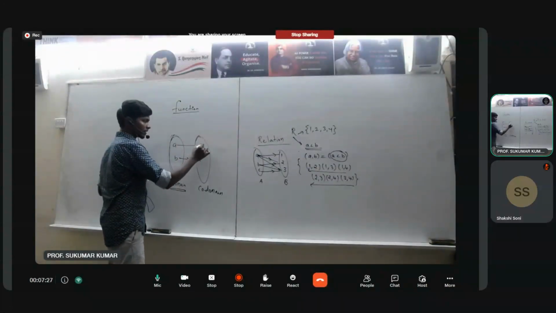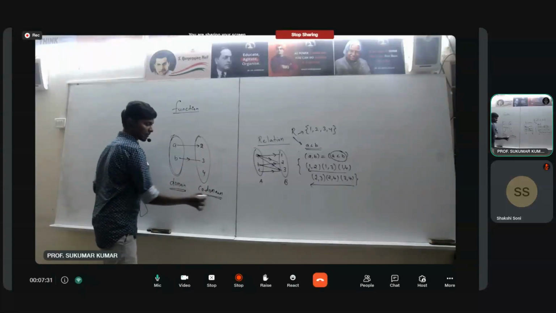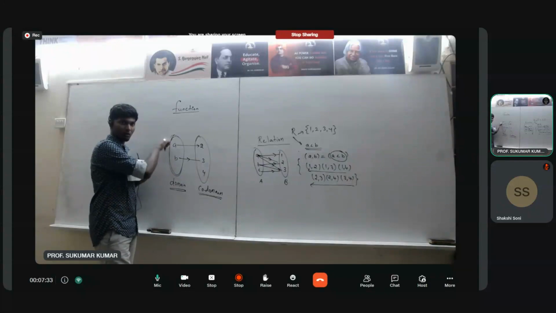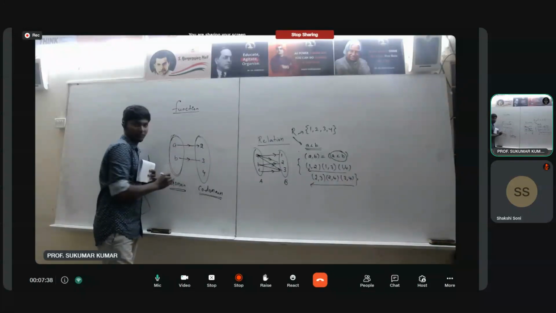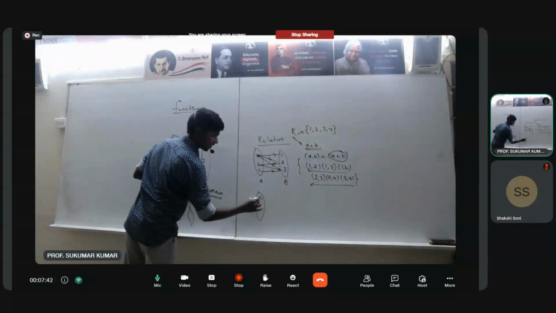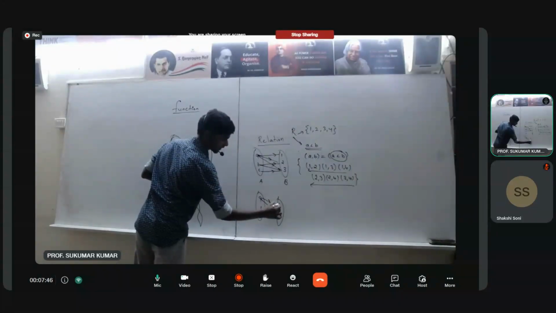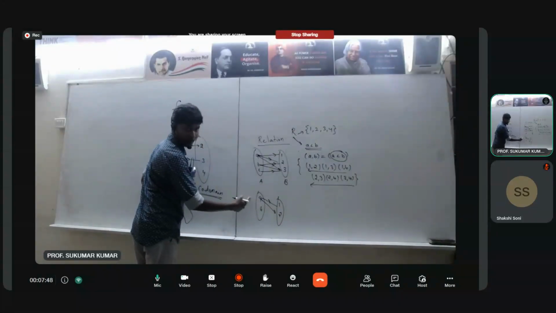For example, here are 2, 3, 4. Codomain elements may or may not be mapped, that is fine. But in the domain, all the elements should map, and moreover only one arrow should come from each. If more than one arrow comes, like this, that is a relation.